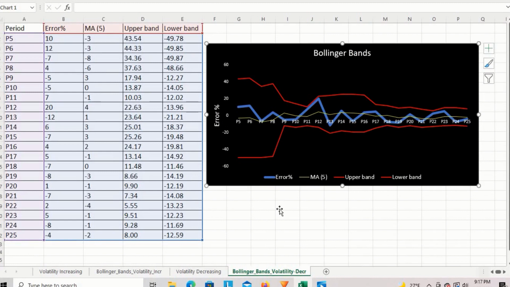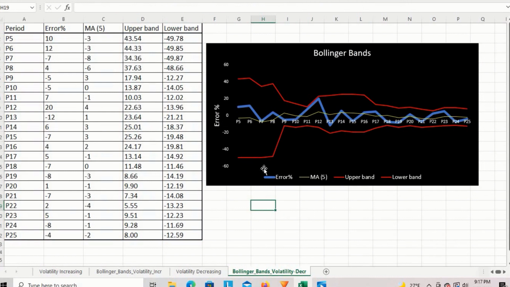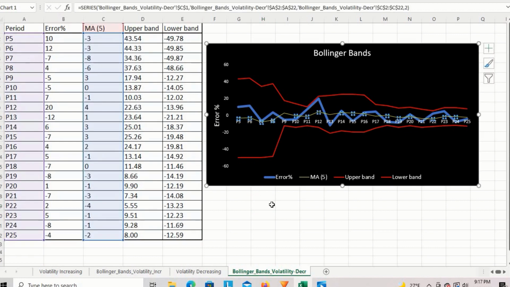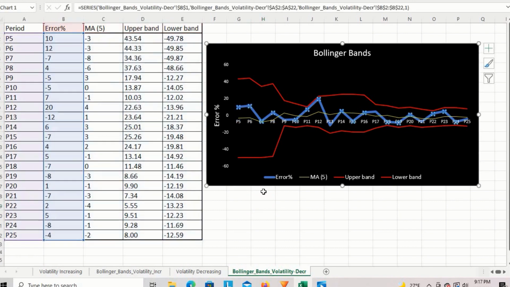Okay, so same thing, upper band and lower band, 2 red lines. Okay, so basically this was mu plus 2 sigma and the lower band was mu minus 2 sigma, and this yellow line is basically moving average for 5 periods, previous 5 periods, and the blue line is your forecast error.